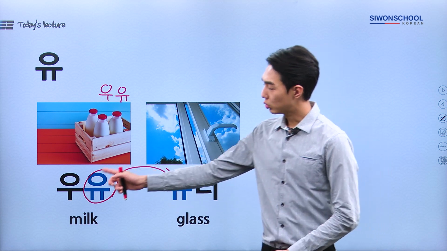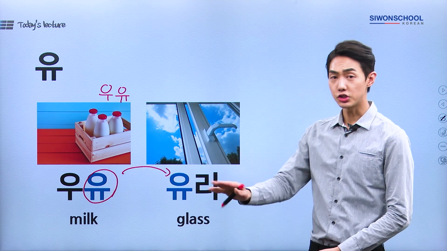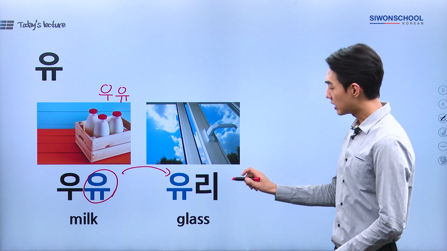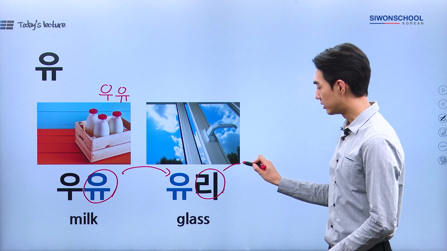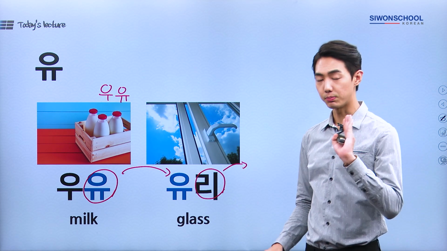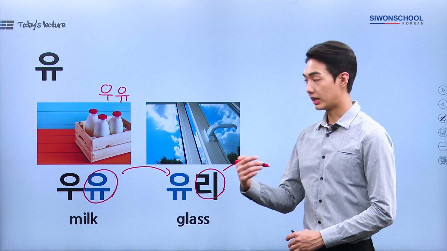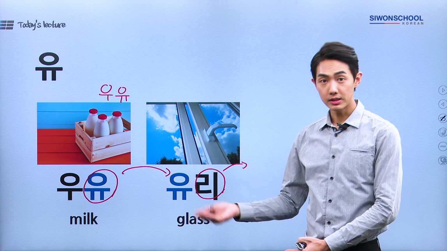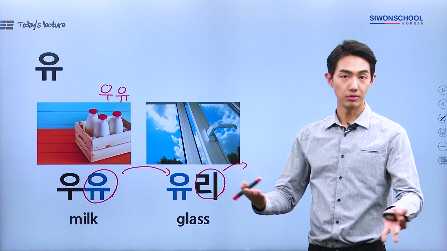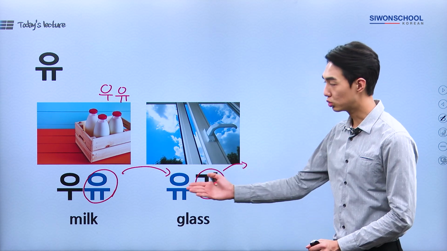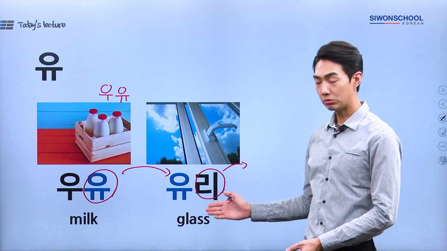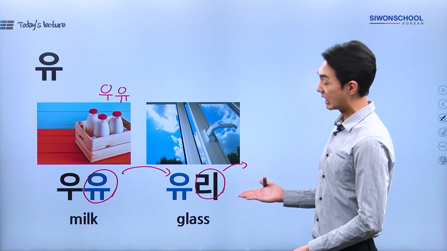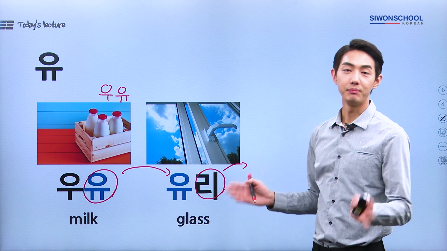For example, 우유, and he or she says 유리, and then you have to form a word related to that. It's a good game to practice a lot of words. Once you know a lot of vocabulary, try to play this game and give the winner a prize. I don't know. But 우유, 유리, 리, yeah. Then I lose.